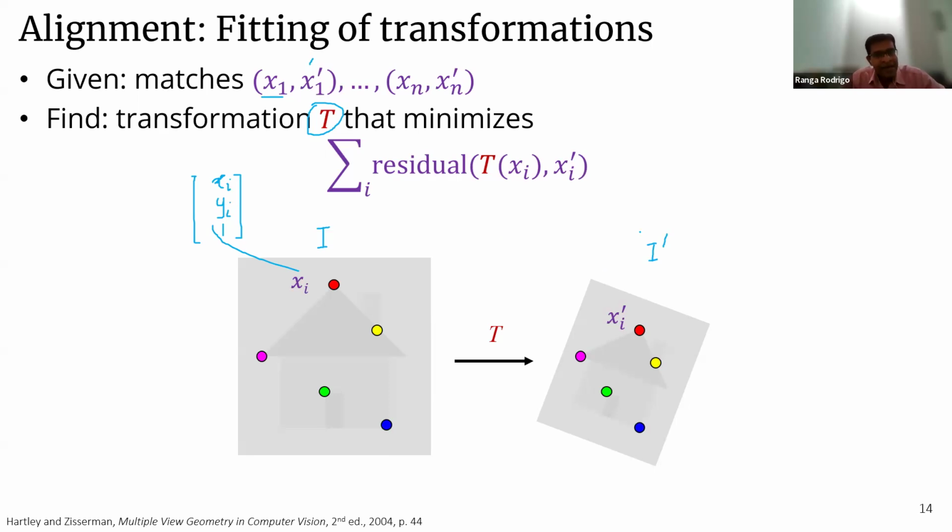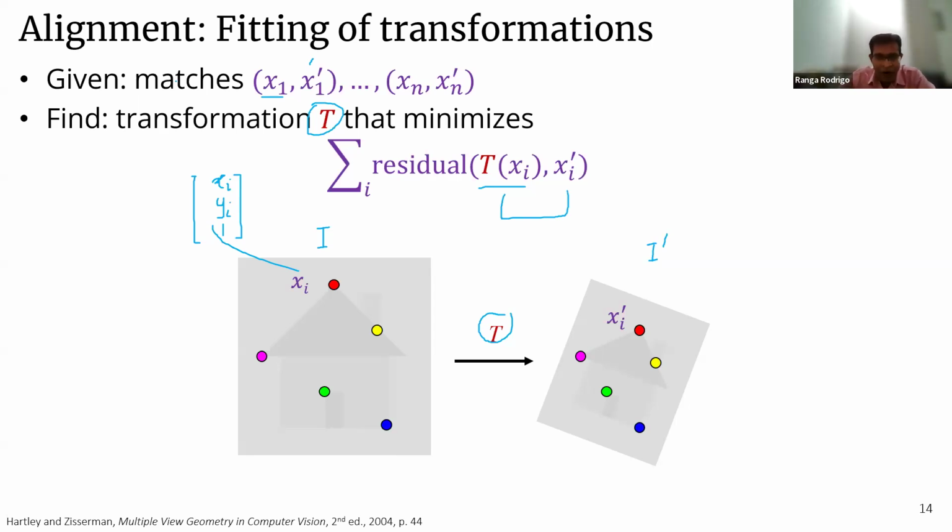So we have n matching pairs of coordinates. What we want to do is, when we apply a transformation T, these two matching pairs will come on top of each other. They will be the same. So this transformation is computed by minimizing the residual, or the error, between xi prime and transformed xi.